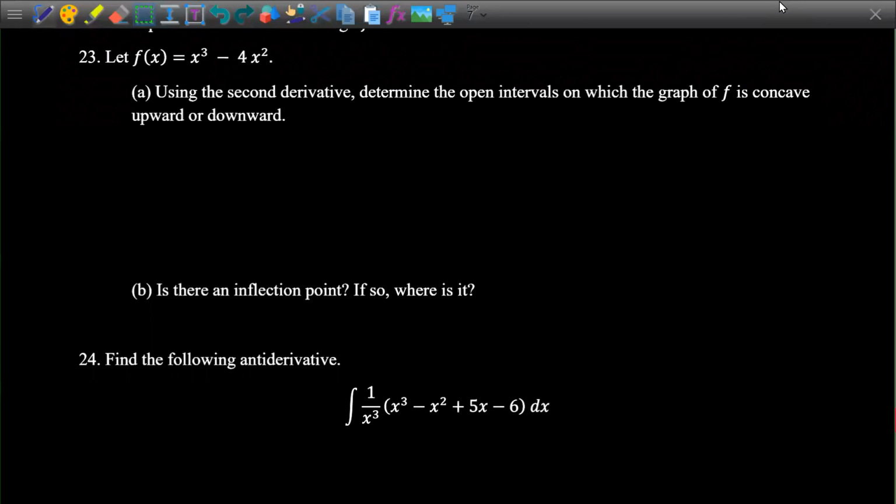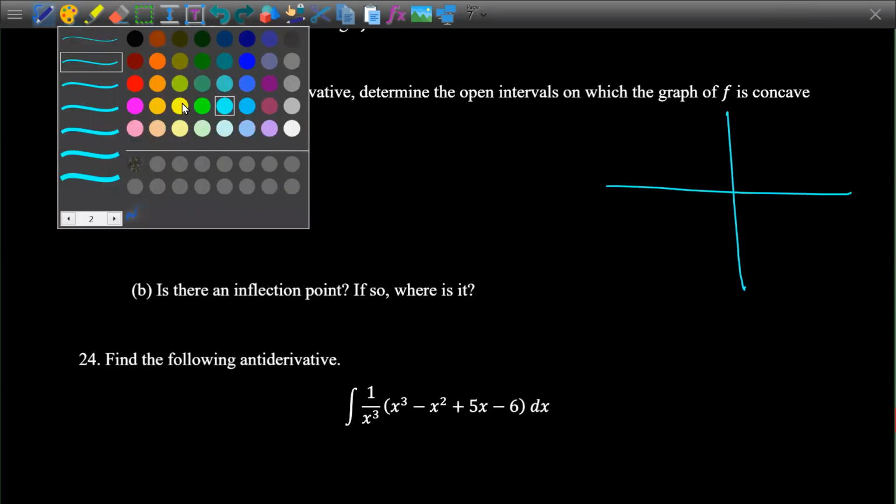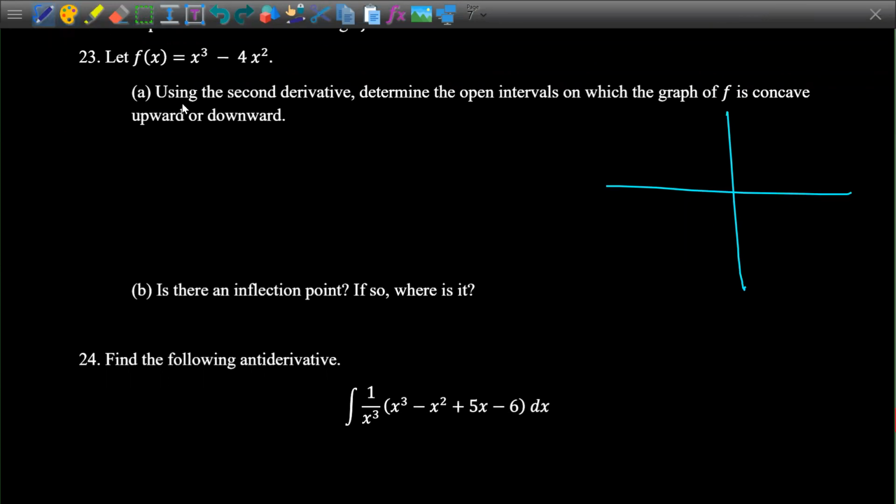All right, 23, let f of x equal x cubed minus 4x squared. Using the second derivative, determine the open intervals on which the graph of f is concave up or concave down. So if you put this into a graphing calculator, just to get an idea of what's going on, you might get something that kind of looks a little bit like this.